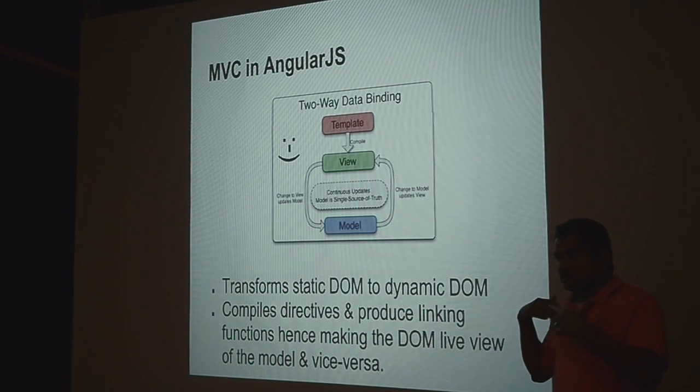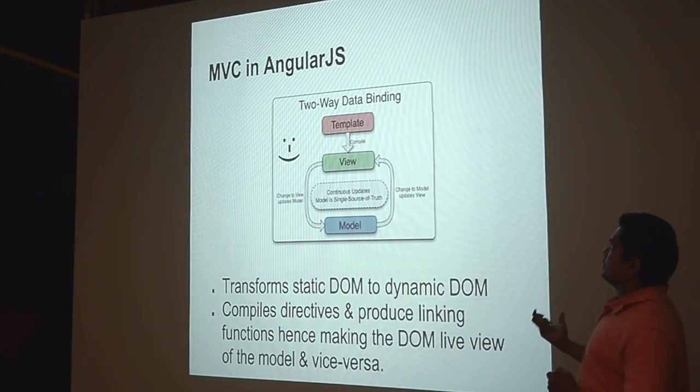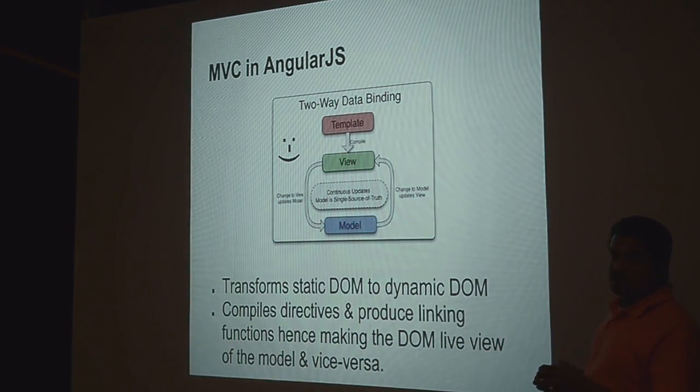It just reacts to it. If there is something on my view that needs to get to the model, it just happens, and vice versa. That is essentially the gut of the whole Angular. That is the thing that you get out of AngularJS two-way data binding.